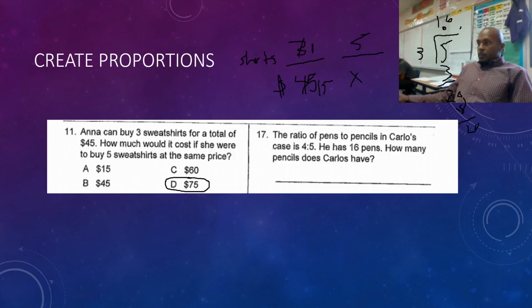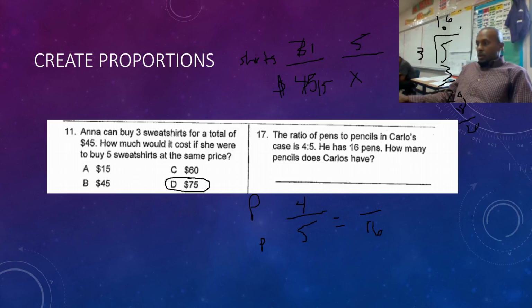Okay, the other proportion, the ratio of pens to pencils is 4 to 5. So 4 pens to 5 pencils. Big P for pens, little p for pencils. Okay, if he has 16 pens, 16 pens. Oh, I'm sorry.